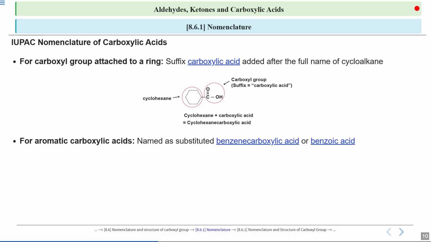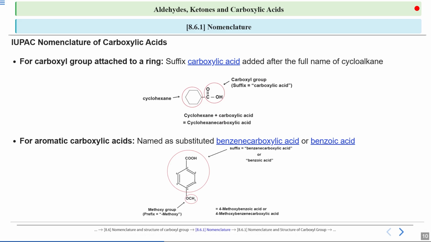Now if I talk about aromatic carboxylic acids, then these are named as substituted benzene carboxylic acid or simply as benzoic acid. If you look at this particular example, you will see that you have an aromatic carboxylic acid, and to that aromatic carboxylic acid, one substituent, that is a methoxy group, is attached at the 4th carbon.